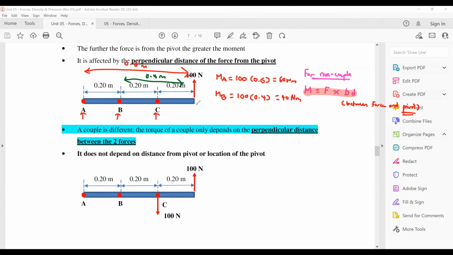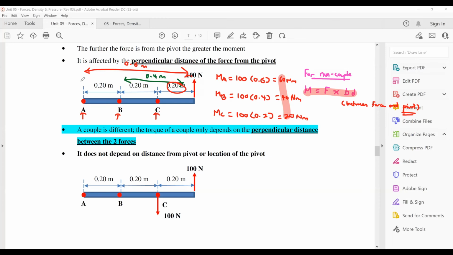Now I'll go through the last point, pivot C. The perpendicular distance is just going to be 0.2 meter. So it will be 100 times 0.2, giving me 20 Newton meter. Now you can clearly see that the values are different because the distance of the force from the pivot is varying.